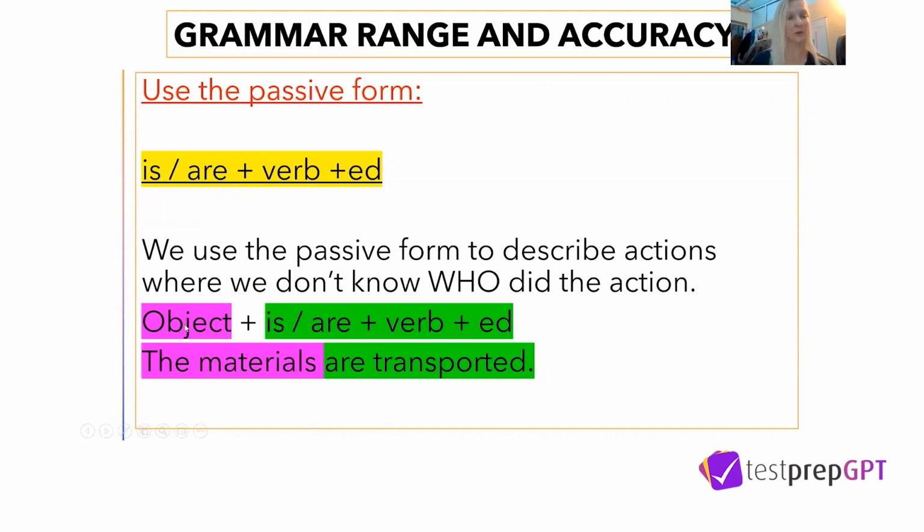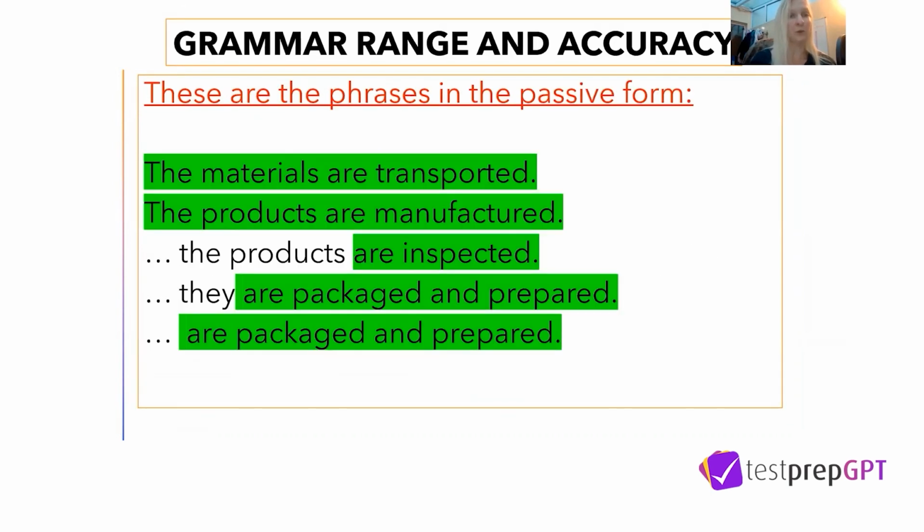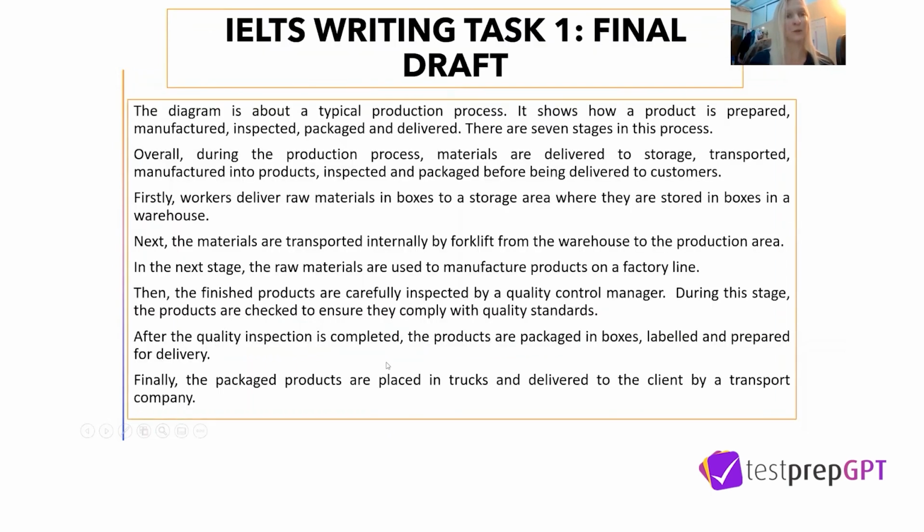Your object, the product, is manufactured. Plural, the materials are transported. Okay, so it's maybe useful to do some grammar exercises on the passive to help you get ready for those. And here are some phrases that we use in the text in passive form.